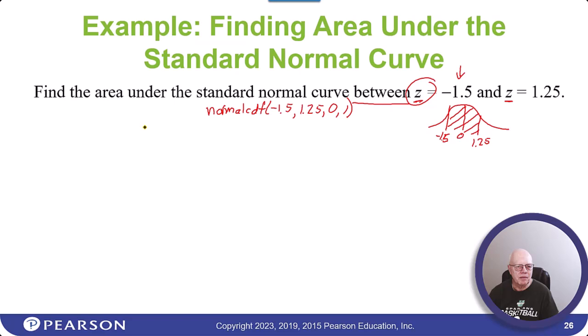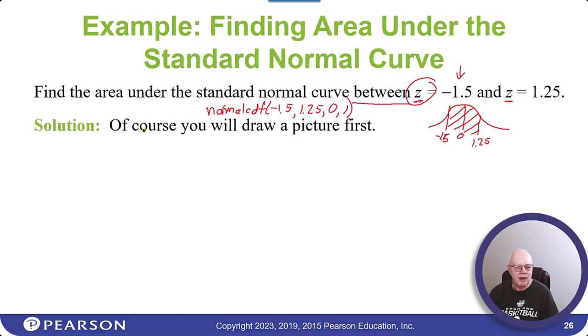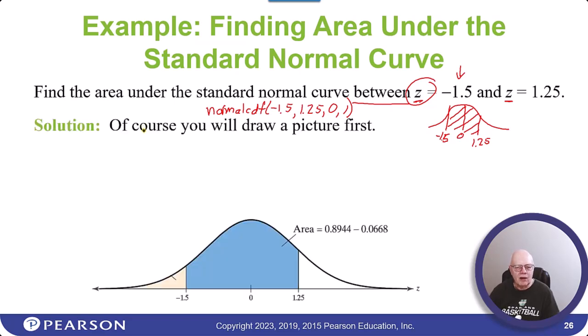You can do that. So draw that picture. There's your picture. Now, ignore this. This is what you would have to do if you're using tables. You don't have to use tables. All you need to know is from the picture again, there's the lower bound. Here's the upper bound.